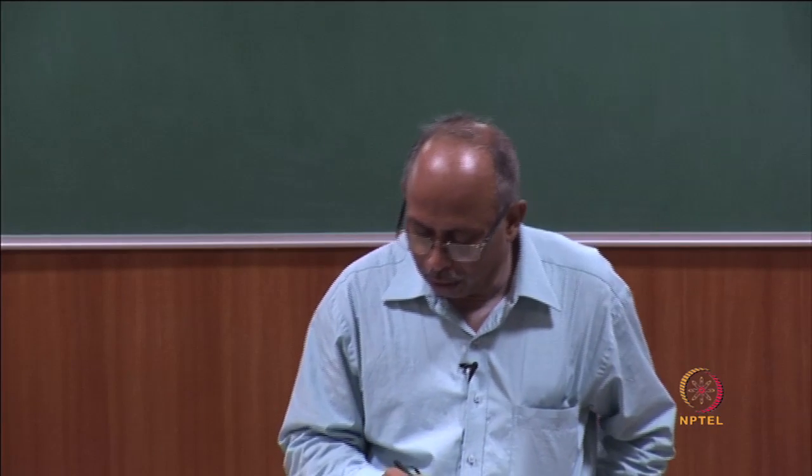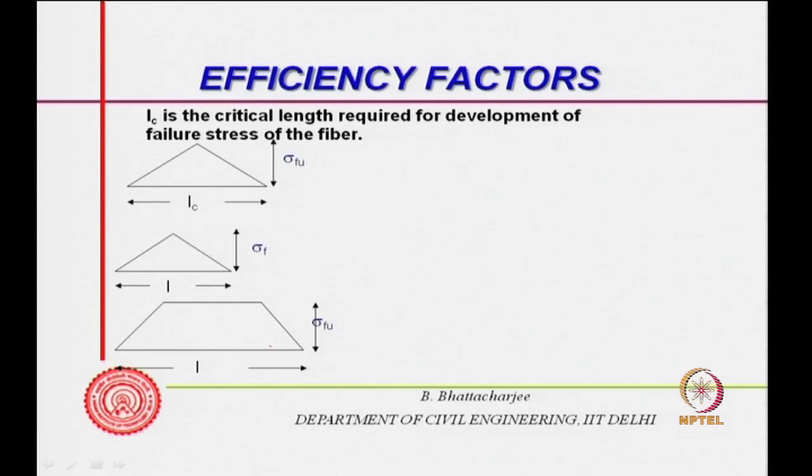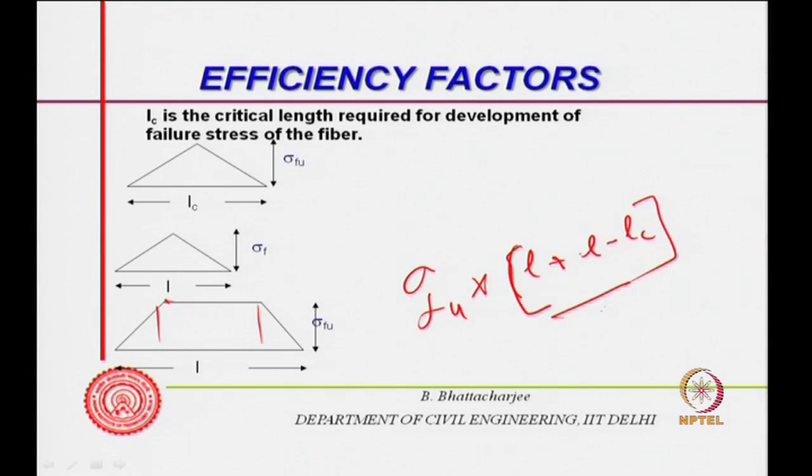Just erase this out. If it is longer than this, now this is sigma fu. So, what is the average stress? It is a trapezium. So, sigma fu into this plus this, multiplied by the total L and divided by 2. So, this is L plus L minus L C, divided by 2.